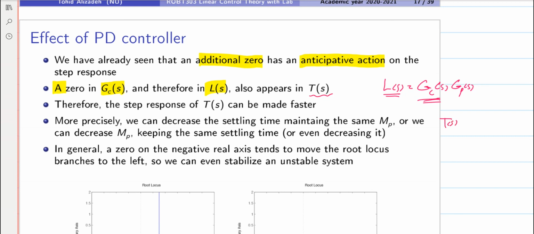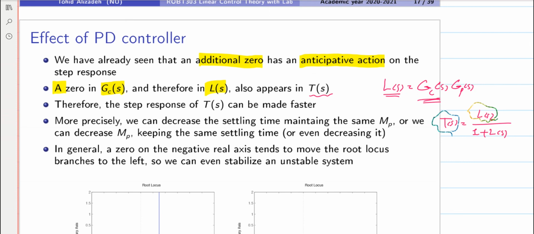Because for T of S, we have L over 1 plus L of S. And if you have a 0 in the loop transfer function, it will appear in the closed loop system as well.